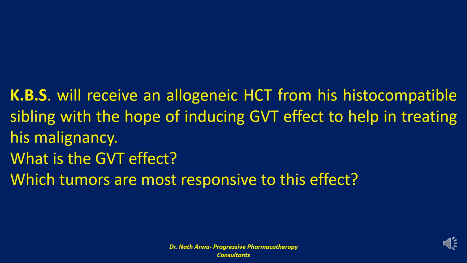Patients with certain solid tumors, e.g., renal cell carcinoma, also appear to benefit from a graft versus tumor effect. These data are the platform on which the use of reduced intensity and non-myeloablative preparative regimens are based.